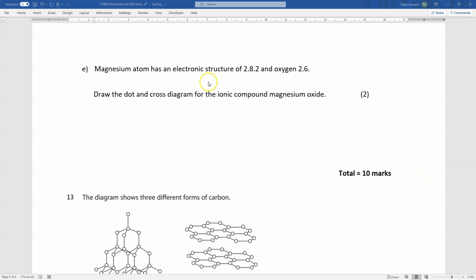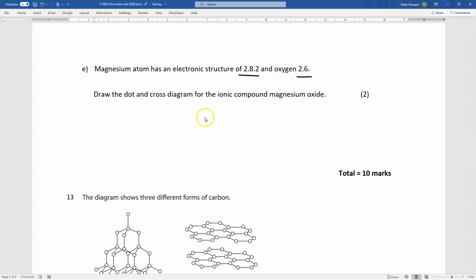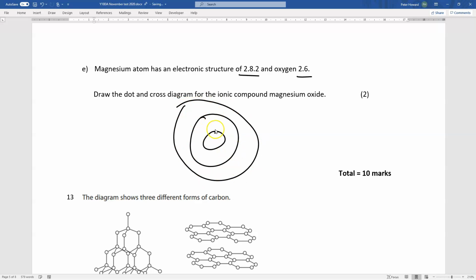Draw a dot and cross diagram for magnesium oxide. It tells us the electron configuration of magnesium and also of oxygen. So if we did oxygen first, two in the first shell, 6 in the outer shell.